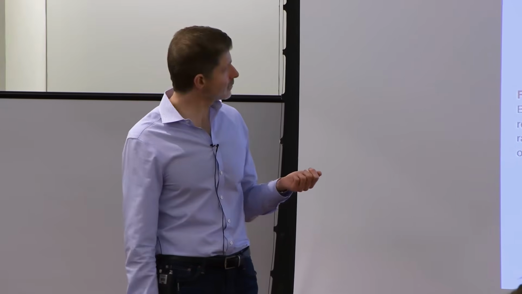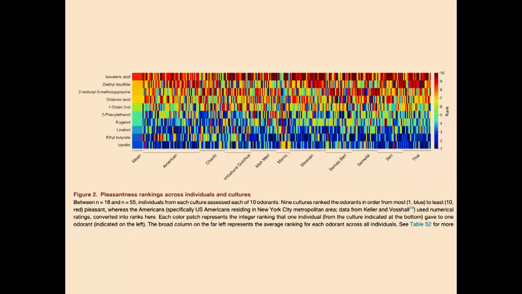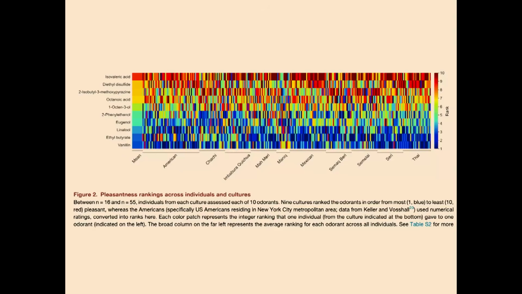So there's supposed to be some universal component to the evaluation of odors. Where that comes from and why is debatable, probably because odors provide a signal for things that are toxic or potentially have bacteria that you want to stay away from. But this is some evidence that there's some shared component to pleasantness.